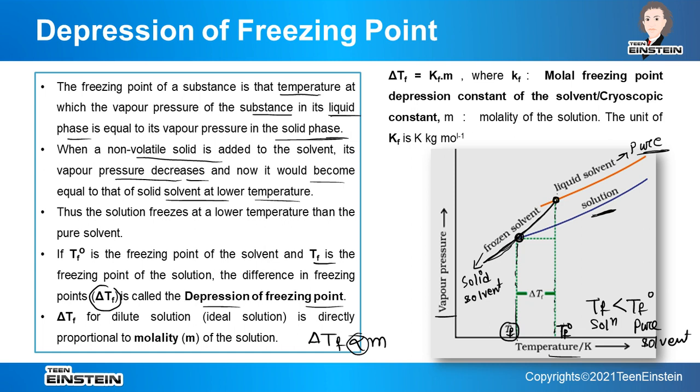In case of boiling point it is Kb, b for boiling, and now it is f, f for freezing. Kf is known as the molal freezing point depression constant, or the cryoscopic constant. m is molality and the unit of Kf, just like before, is Kelvin kg per mole. That is all about depression of freezing point. When we solve numericals related to depression of freezing point, the idea will be clearer.